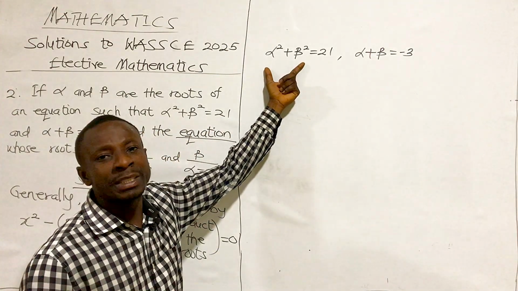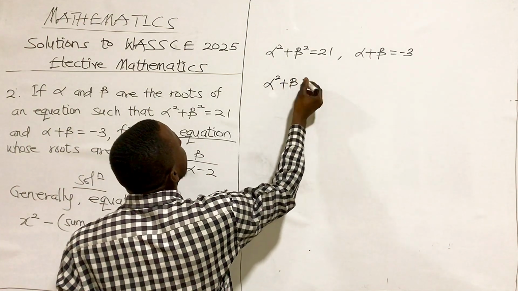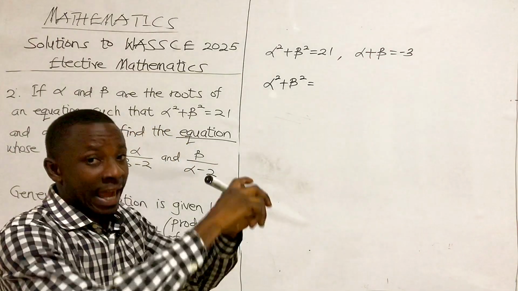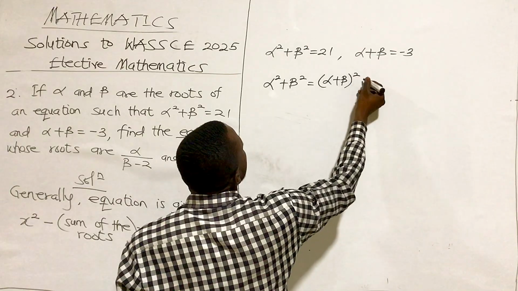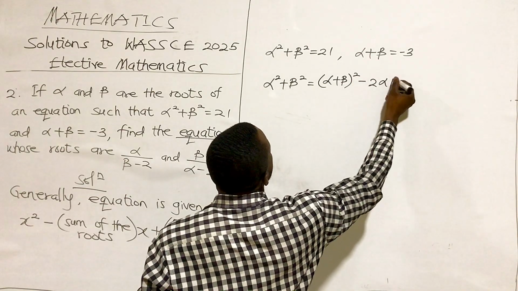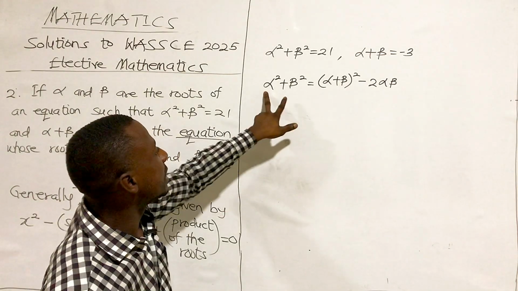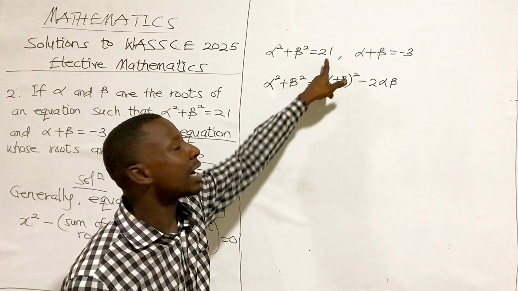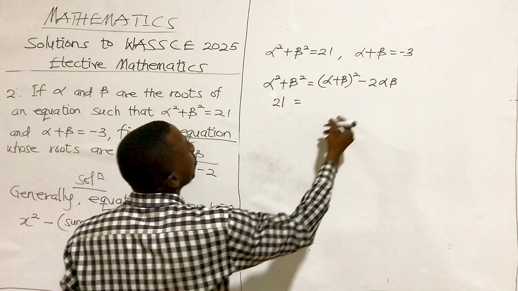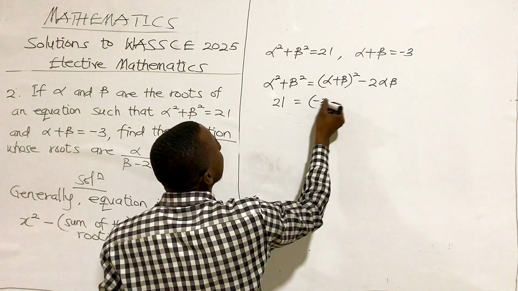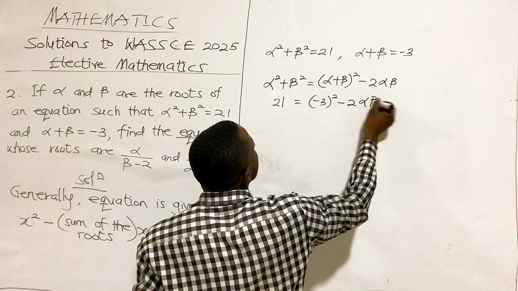We can get alpha beta from the first one, because alpha squared plus beta squared expands to alpha plus beta all squared minus 2 alpha beta. Since alpha squared plus beta squared is 21, we have 21 equals negative 3 squared minus 2 alpha beta.